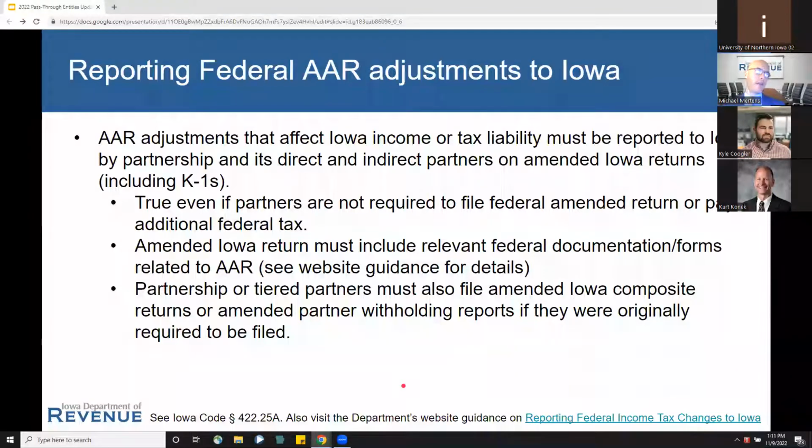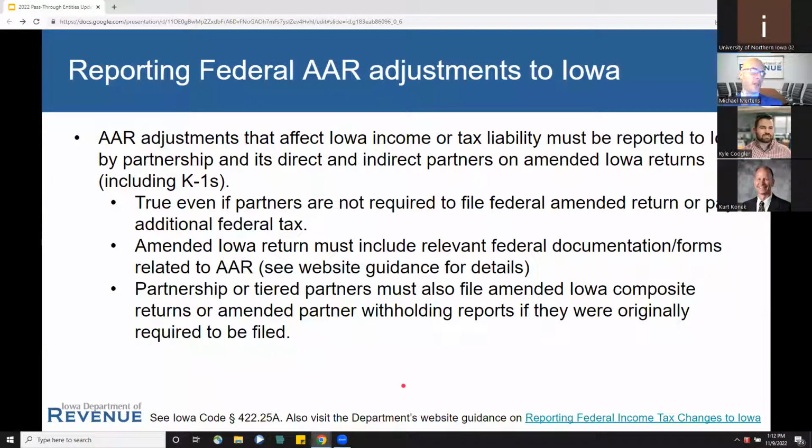So if you have an AAR adjustment that affects Iowa income tax liability or Iowa income, Iowa law says that those adjustments must be reported by the partnership and its direct and indirect partners on amended returns and amended K-1s. So again, this is true even if the partners are not required to file federal amended returns or required to pay additional federal tax.